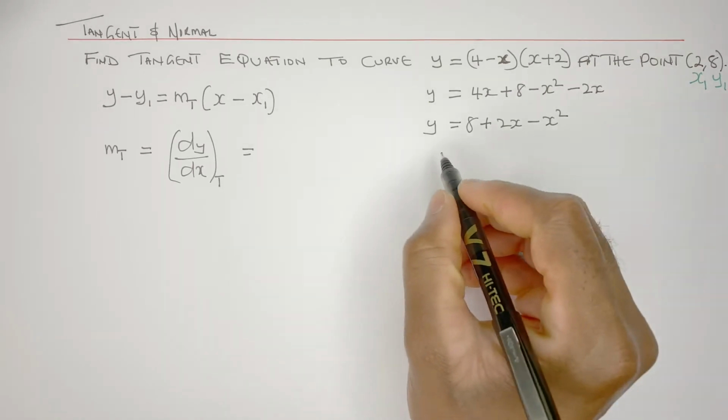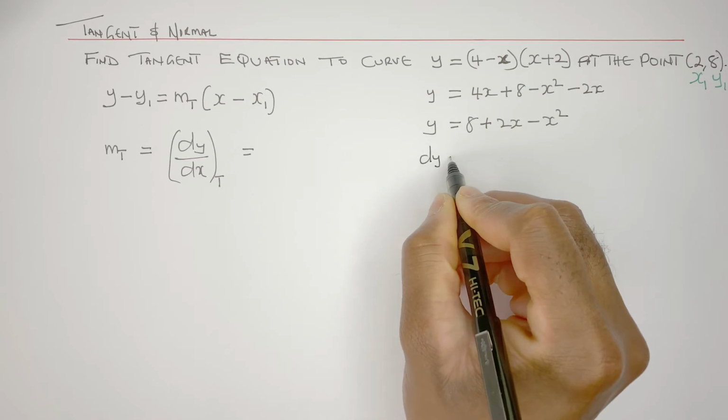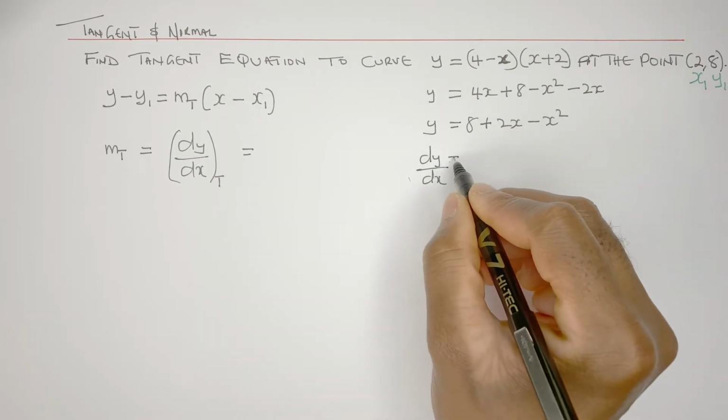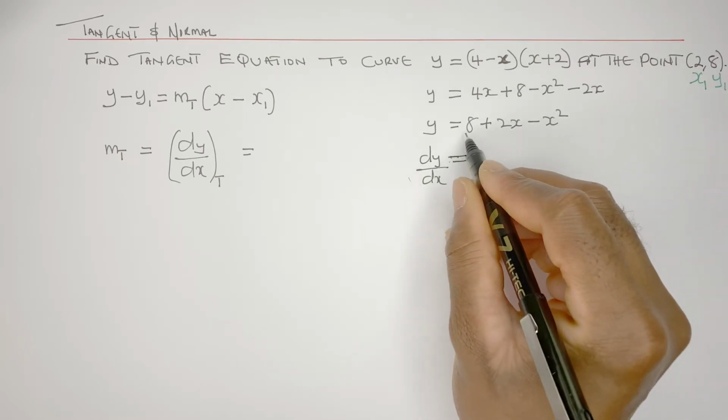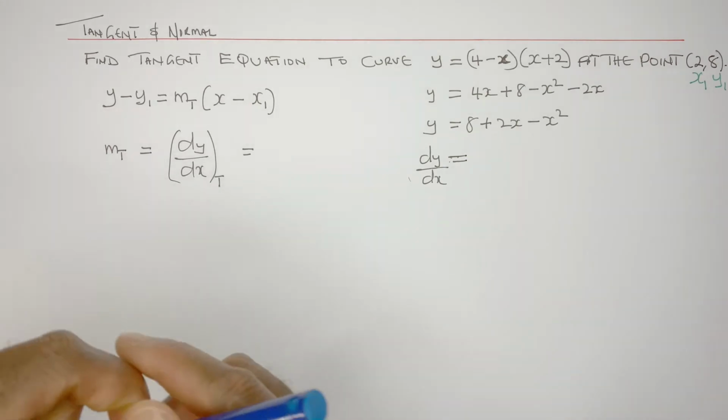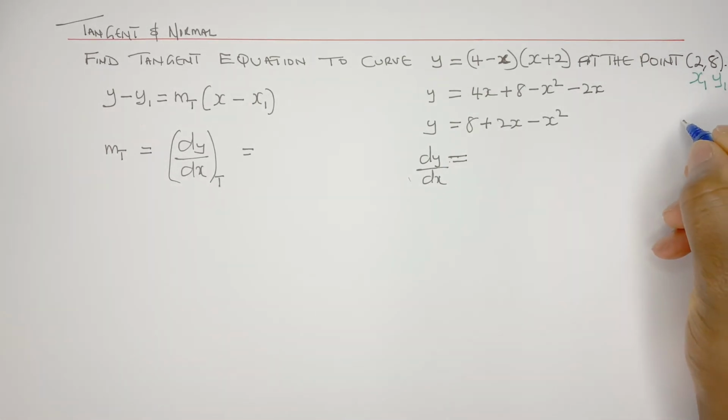Now, if I differentiate this function, I get dy/dx, the gradient of the tangent in this case. If I differentiate a constant, do remember that a constant, in this case 8, is 8 times x to the power 0.